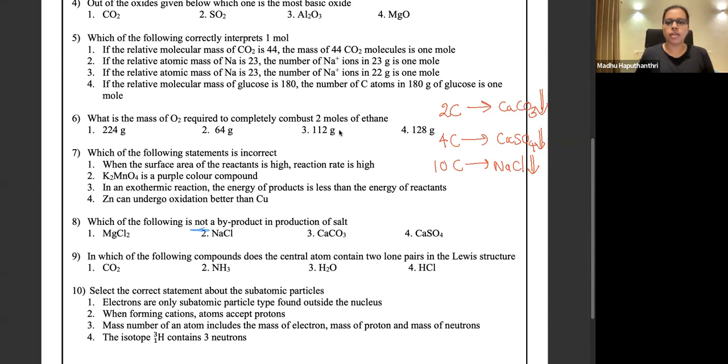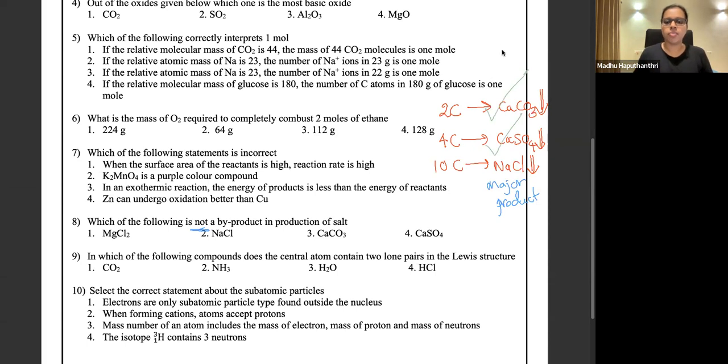So we understand sodium chloride is our major product. That is what we are intending to form. That's what we want. So sodium chloride is not a byproduct. This is the major product. On our way to sodium chloride, we are forming calcium carbonate and calcium sulfate. They are precipitated and removed.